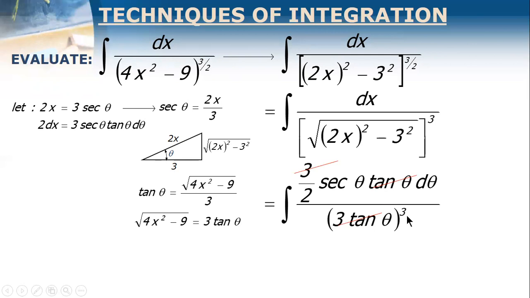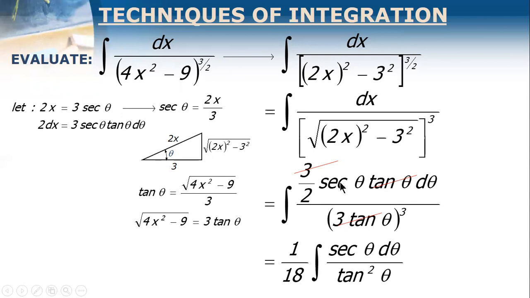What is left in the numerator is secant theta only. The 2 will become a denominator, and in the denominator we have 3 tangent theta squared. So 3 squared is 9, and with the 1/2 you have 1 over 18 secant theta over tangent squared theta.